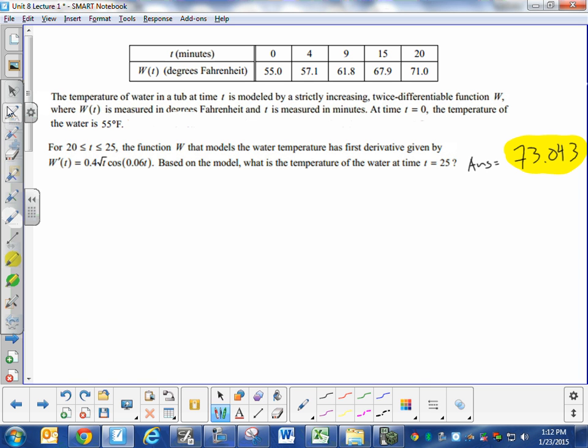If you get like 74 something, no, that's not right.